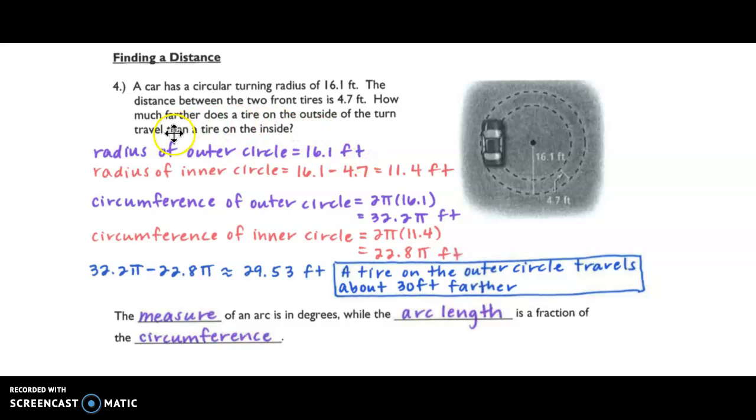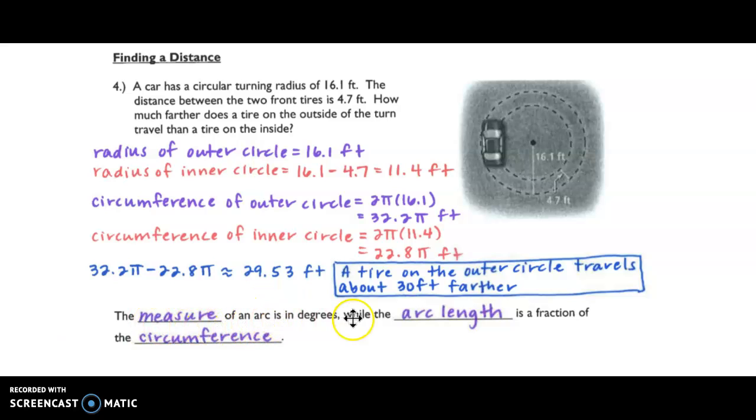If you look at this example, here we have 2 pi r. The outer radius, the larger circle, is 16.1. Notice we leave our answers in terms of pi, meaning pi is going to be in your answer. So you should not be multiplying 32.2 and 3.14. We're just going to leave it like this, kind of like a variable.